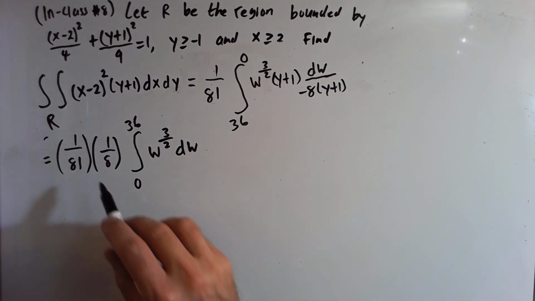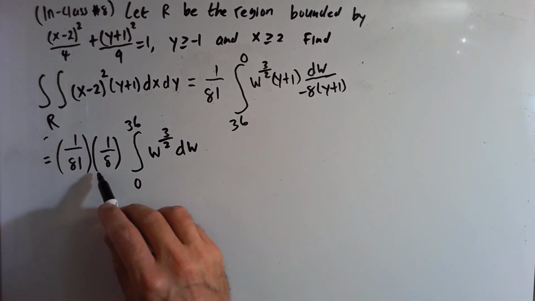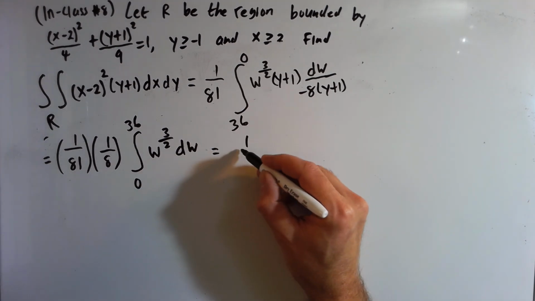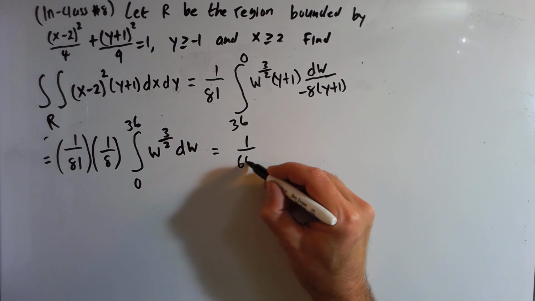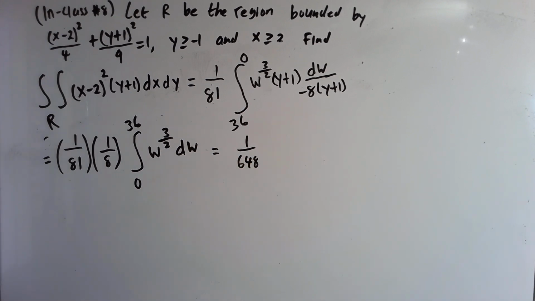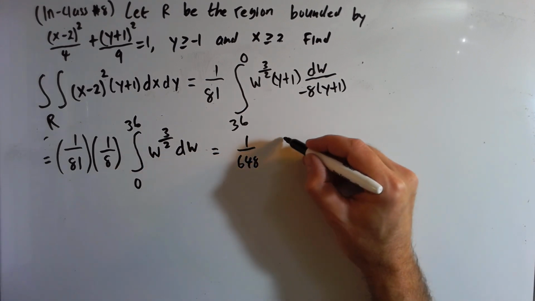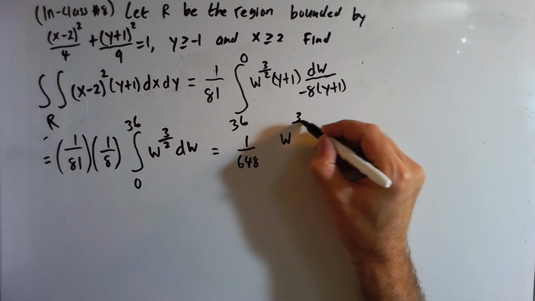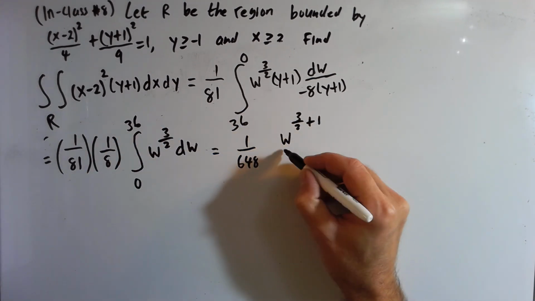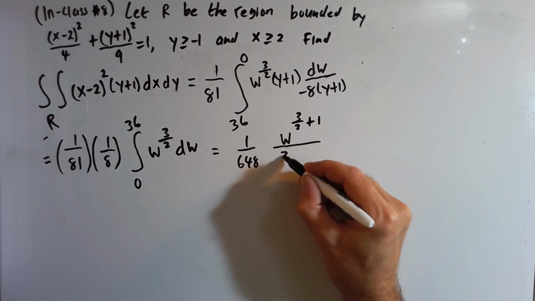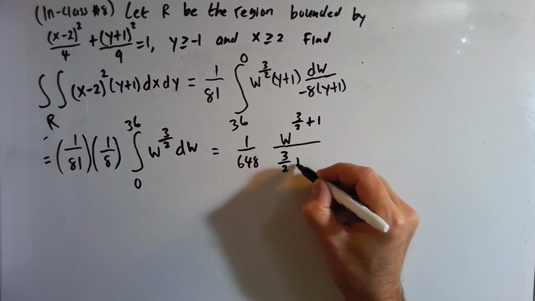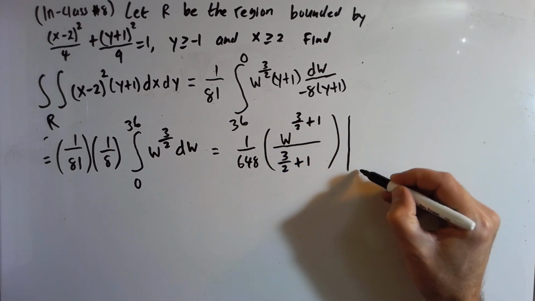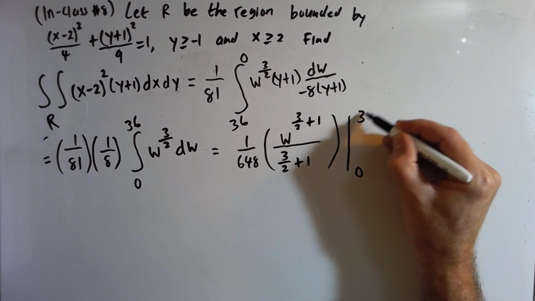Okay, so 81 times 8 is 648, so it'll be 1 over 648. So integrating this will be w, so adding 1 to that will be 3/2 plus 1 over 3/2 plus 1, then evaluate it at 0 and 36.